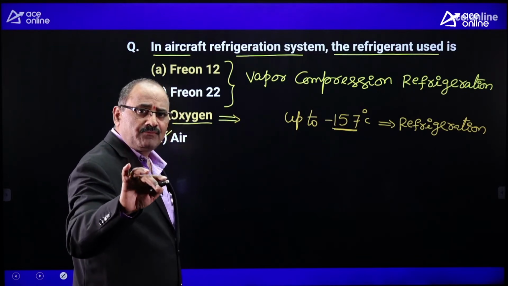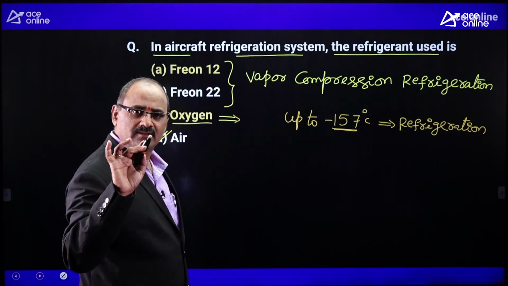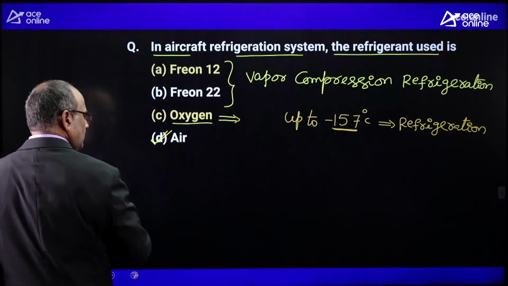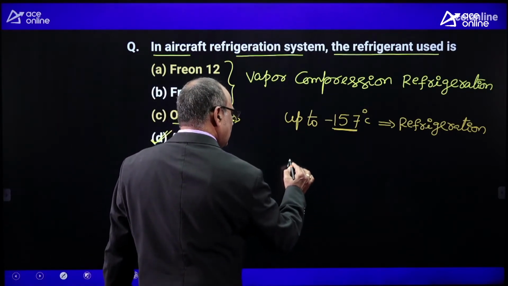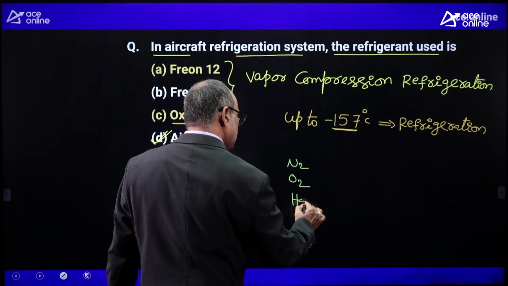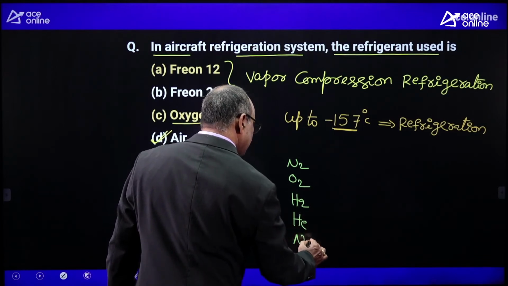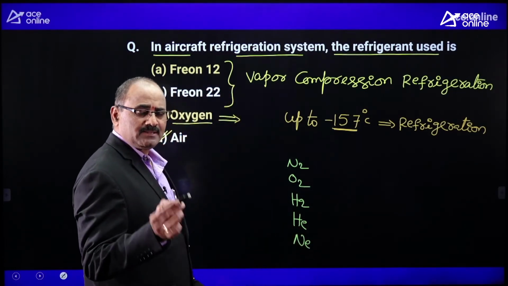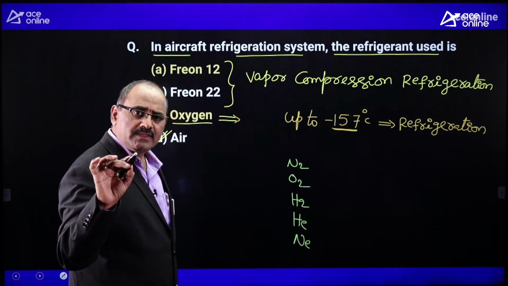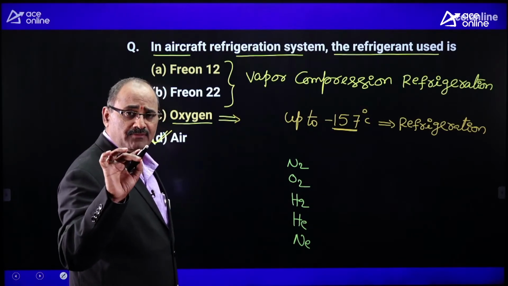Below minus 157 degrees centigrade is called cryogenics. For the cryogenic refrigeration system, we are using nitrogen, oxygen, hydrogen, helium, neon. These are the preferable refrigerants for cryogenic refrigeration. Cryogenic refrigeration is also called low temperature refrigeration.